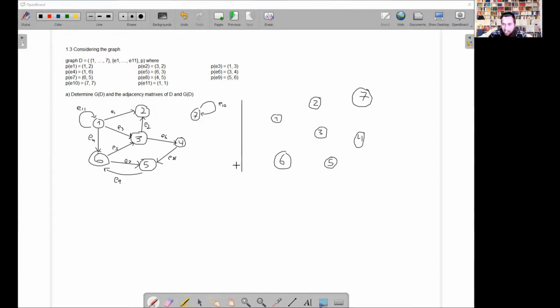And now we draw a non-directed link for each directed link that we have on the left, right?